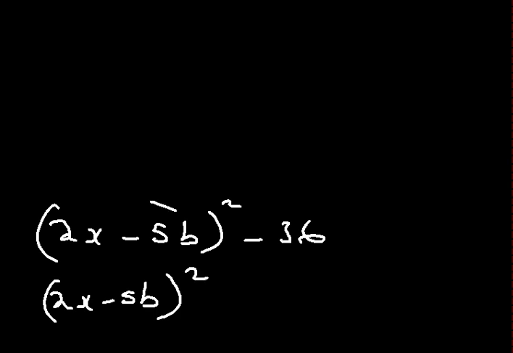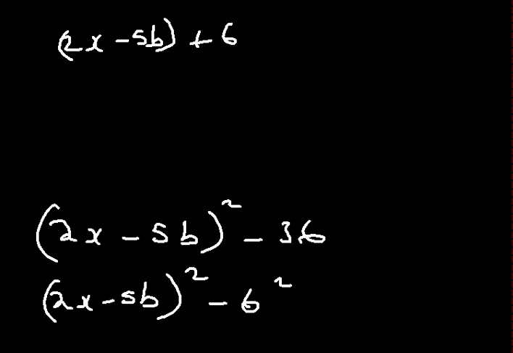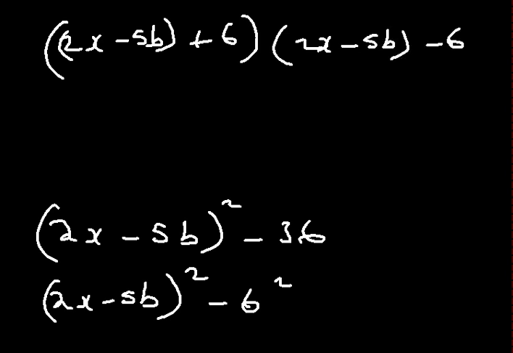You should regard the whole of 2x minus 5b as being x. So minus 6 to the power 2. Now this is the same as 2x minus 5b plus 6, times 2x minus 5b minus 6. So that's the working principle in that case. So keep that in mind.